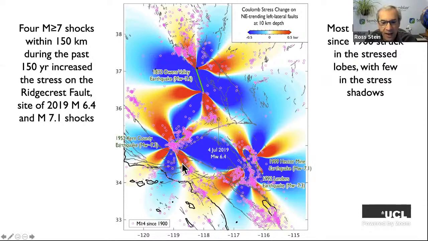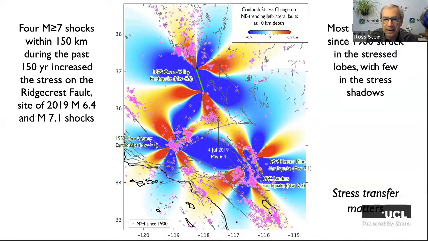So the greater LA area seems to be a zone in which these two lobes interact. There again are places that violate this expectation, but by and large, it's very consistent. And that says we need to understand how these stress changes translate into seismicity changes and how long they last.